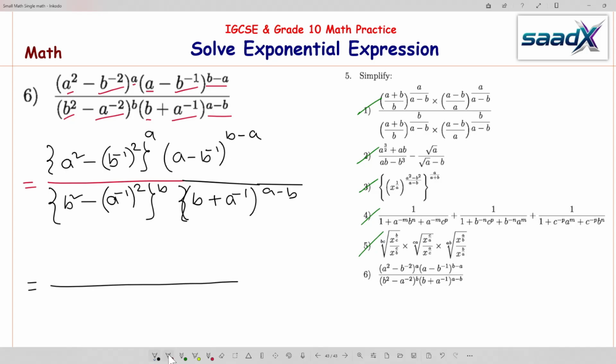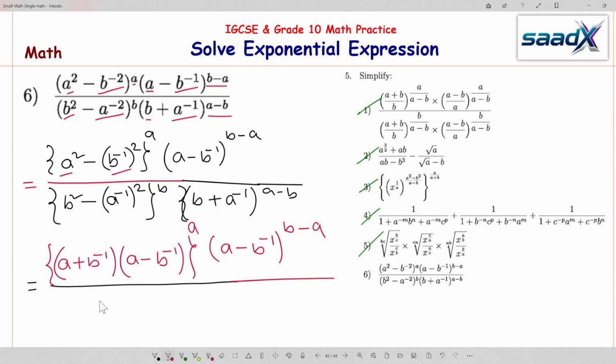Now the interesting thing: here is a² and here is b². So we can write (a + b⁻¹) and again (a − b⁻¹), the whole to the power a, and here (a − b⁻¹) to the power b − a.